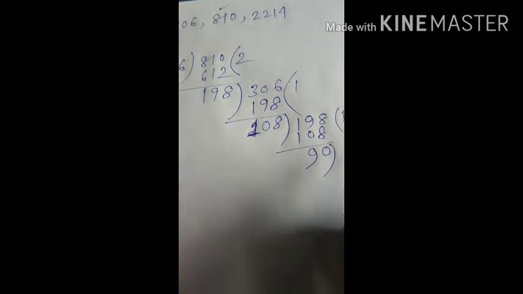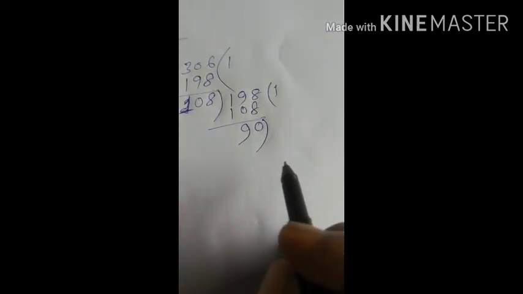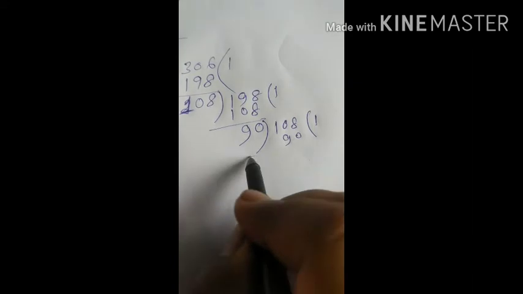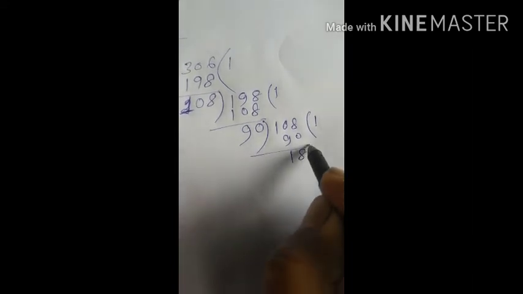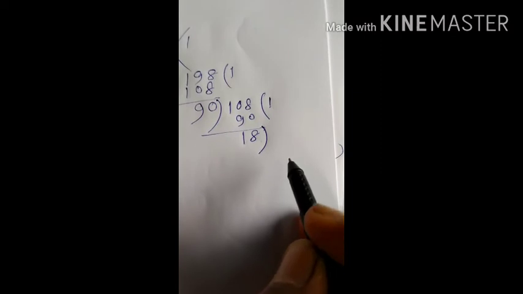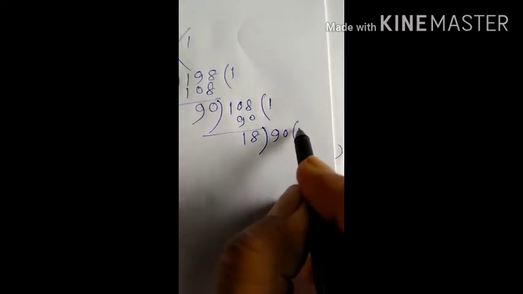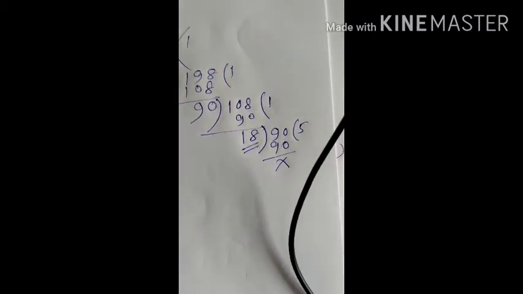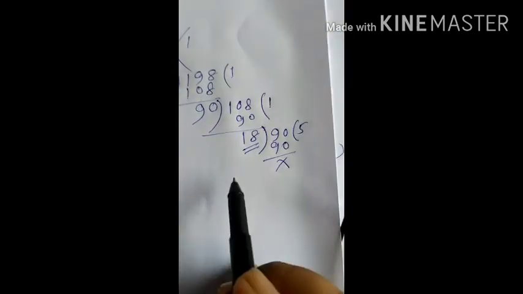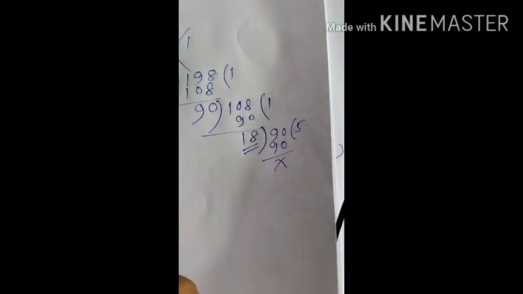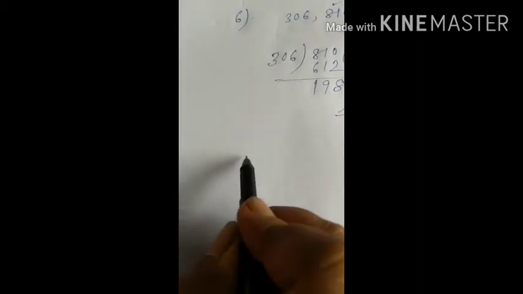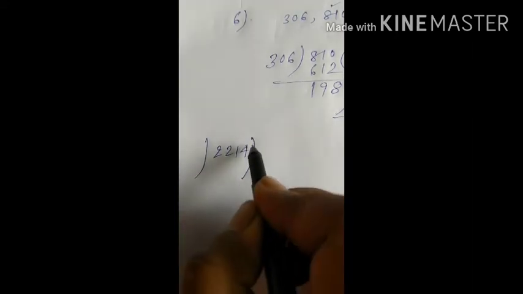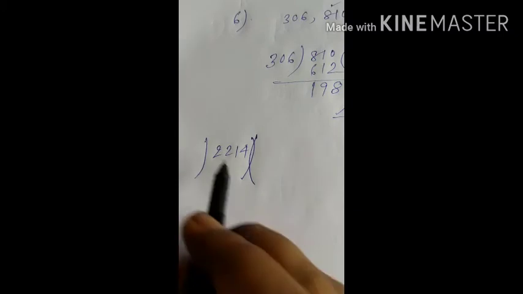Now we have to divide 108 with the help of 90, it is 18. Now we have to divide 90 with the help of 18, 5 18s are 90. So now we have to divide the third number, 2214, by 18.